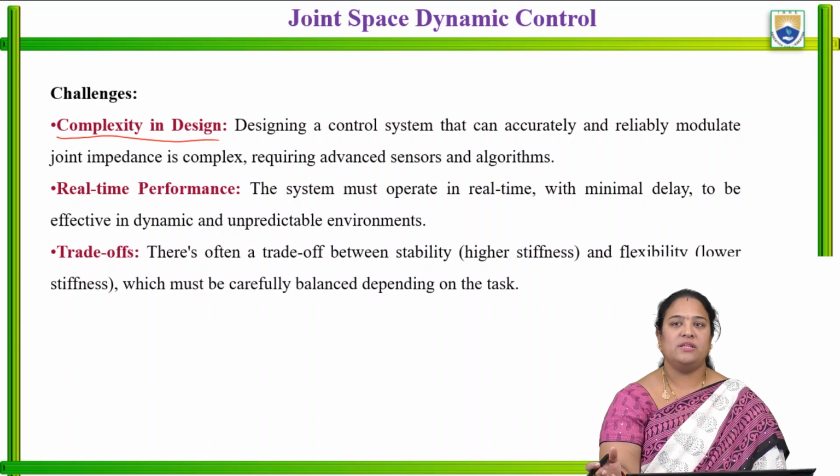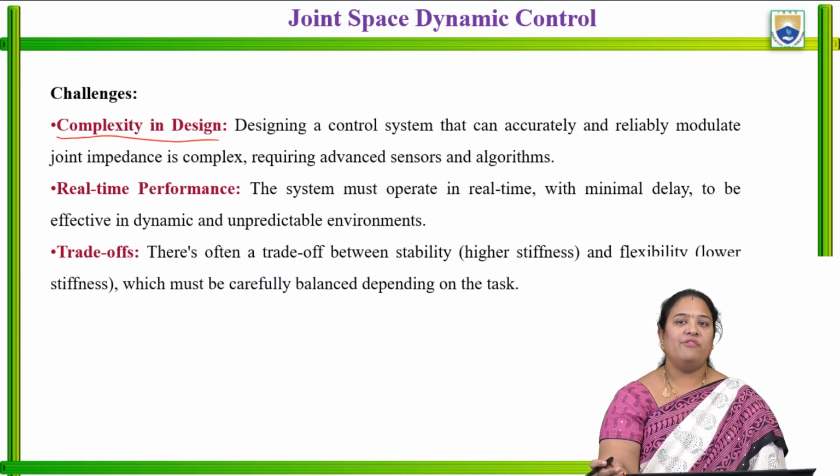When we come across minimum delay or real-time operations, or an effective, dynamic and unpredictable environment, then real-time performance is also very important. That is, when we are manufacturing or constructing the robot, its real-time performance is very important. It should have minimum delay, it should be very effective, and it should handle a very dynamic and unpredictable environment when it is acting in real-time conditions.